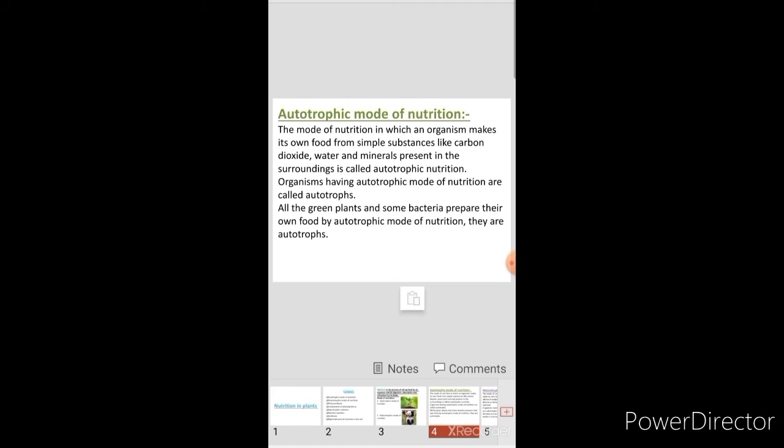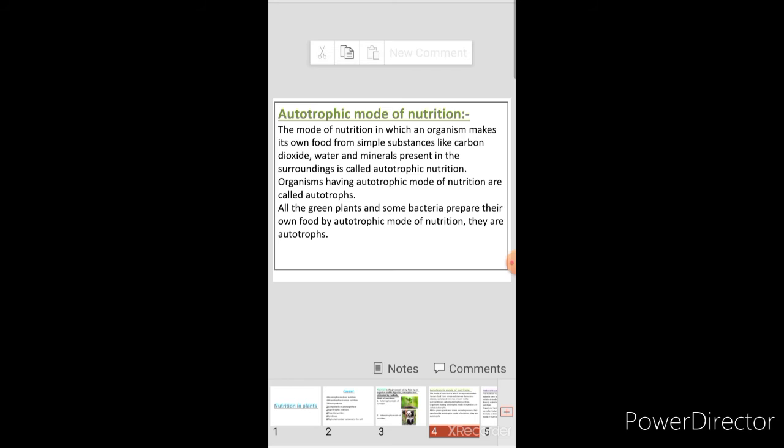And who are called autotrophs? The organisms having autotrophic mode of nutrition are called autotrophs, meaning those organisms which can make their own food, for example trees, grass, flowers, etc.